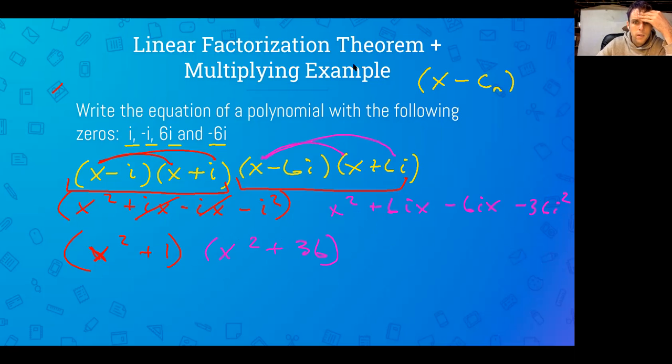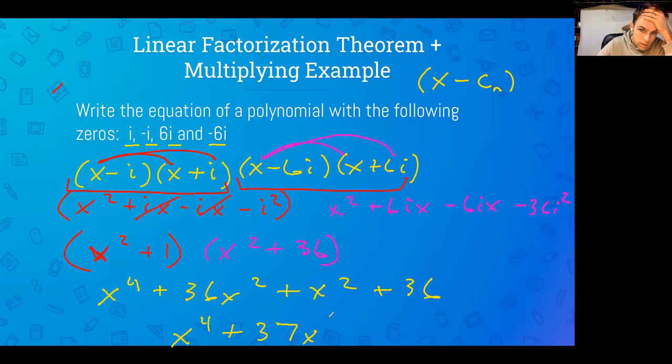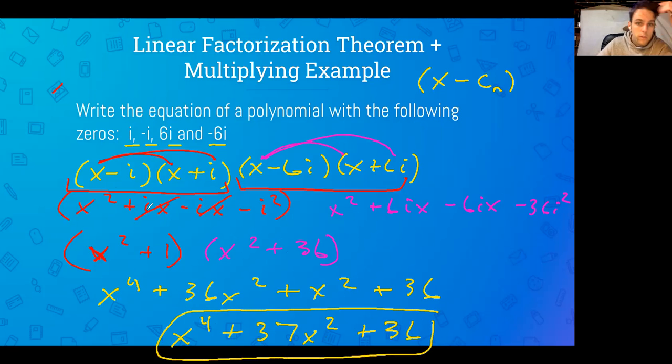Then I can multiply their results together. x to the fourth plus 36x squared plus x squared plus 36. These can go together, so we end up with x to the fourth plus 37x squared plus 36. There we go. That is the polynomial that is equivalent to this with only real coefficients. And that works again because these are conjugates when we multiply them.